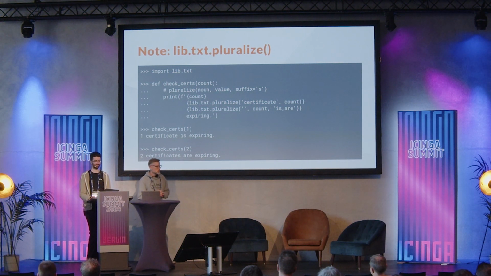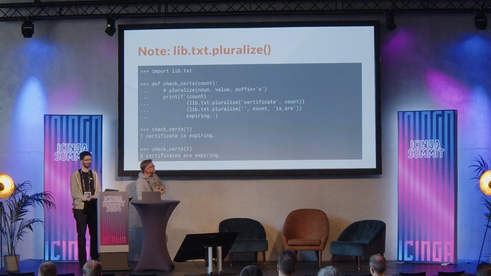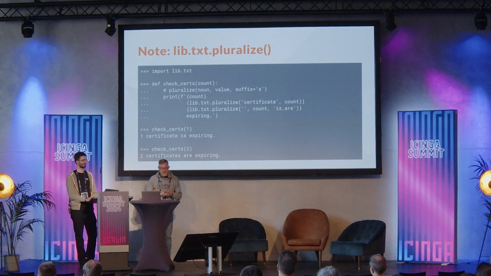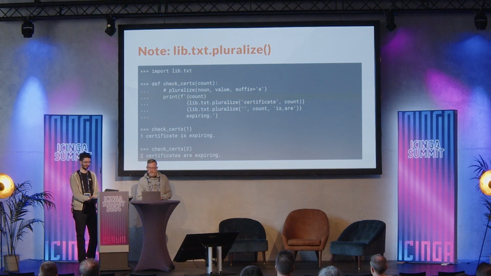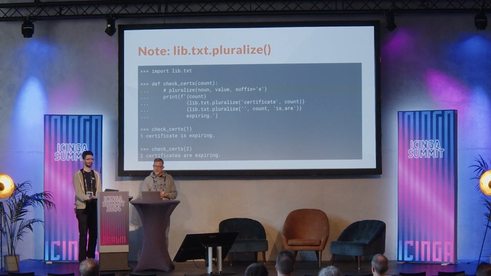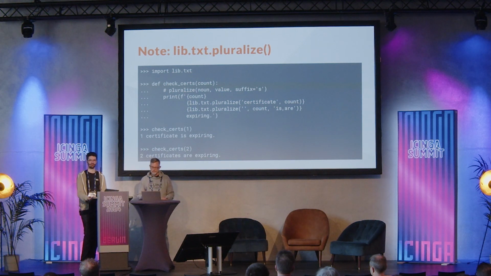For example, I can use pluralize to define the output 1 certificate is expiring, or 2 certificates are expiring, by simply using pluralize this way. This function is heavily inspired by the Django MVC framework, so it's bulletproofed. The text library, by the way, is English only, of course, and we don't support other languages.